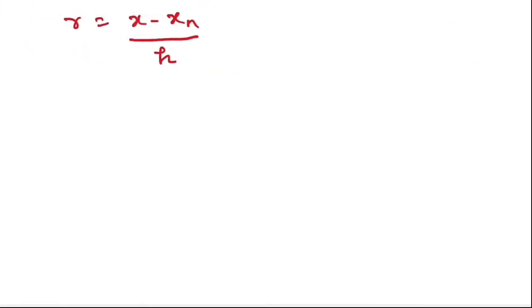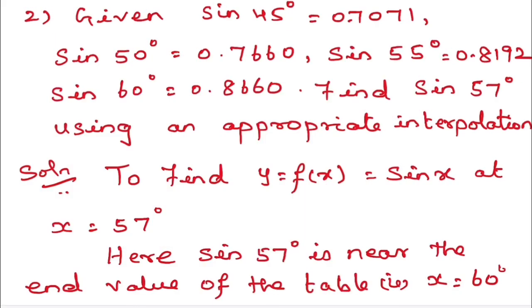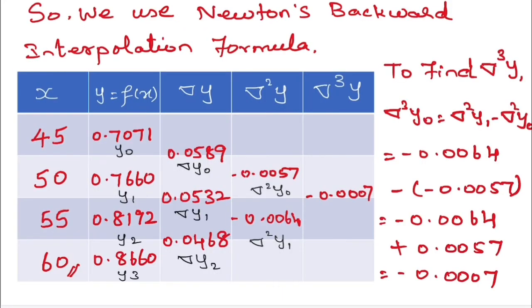Now find the R value. Since f of x is equal to sine 57, which is near the end value of the table, that is between 55 and 60, we take xn is equal to 60 and our x is equal to 57. Our h is the difference between the x values. 50 minus 45 is 5, 55 minus 50 is 5, and 60 minus 55 is 5.